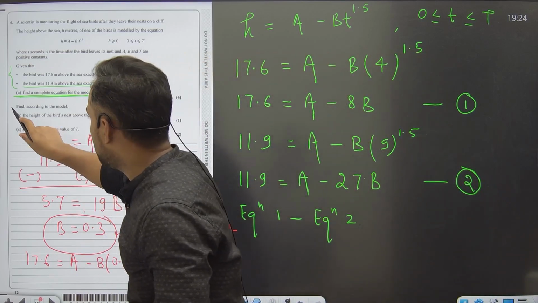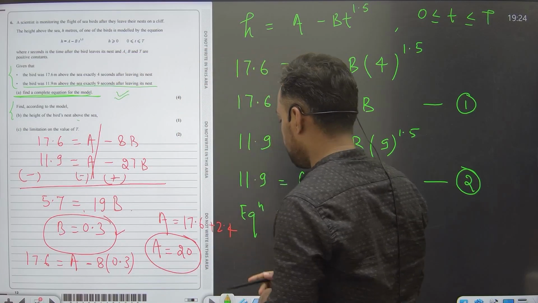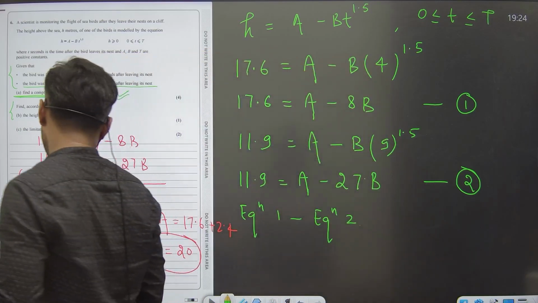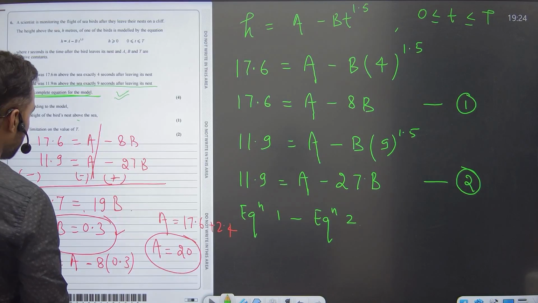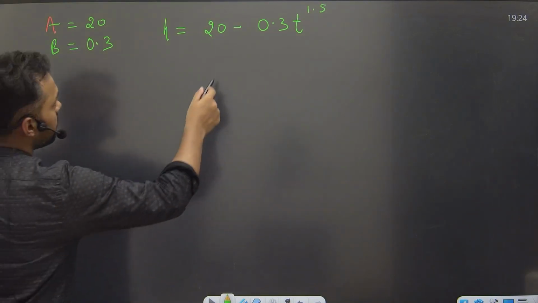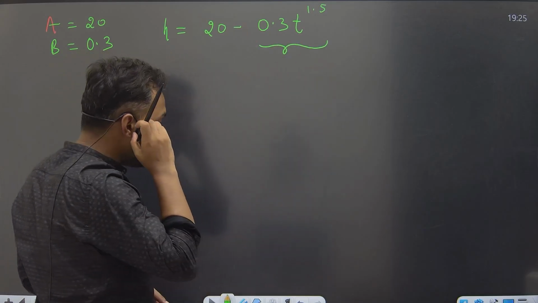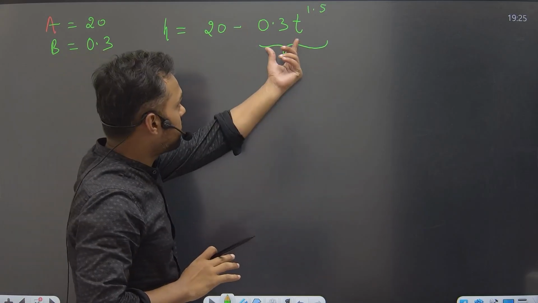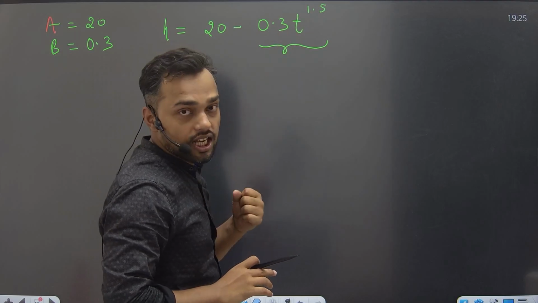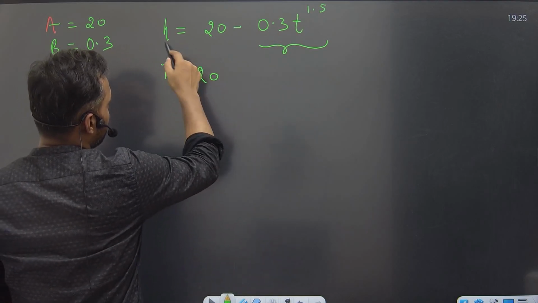Now second, find according to the model the height of the bird's nest above the sea. So the height of the bird's nest above the sea is, student, very easy. It is of 1 mark. You just need to see that this part is dependent on the time. So the height will be 20. This only will be considered.